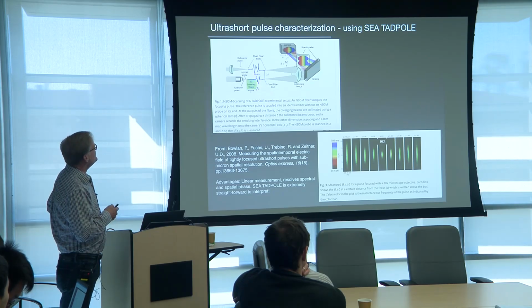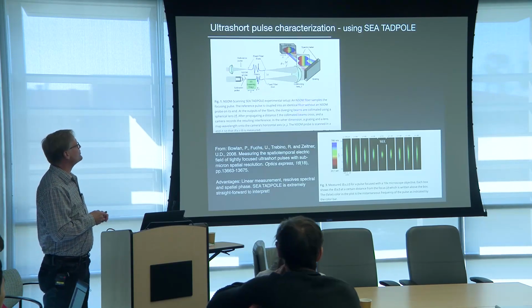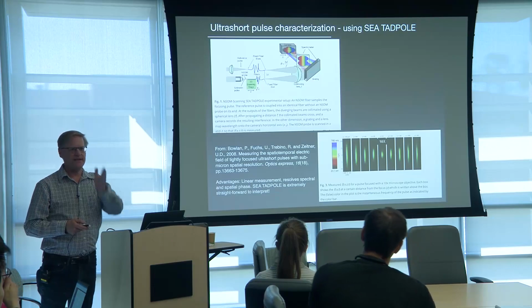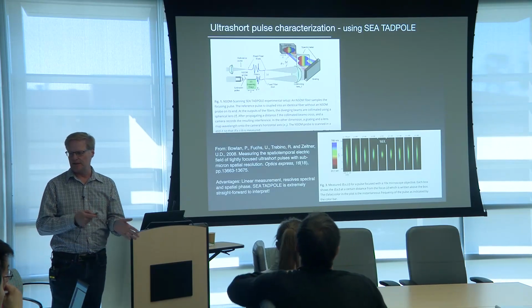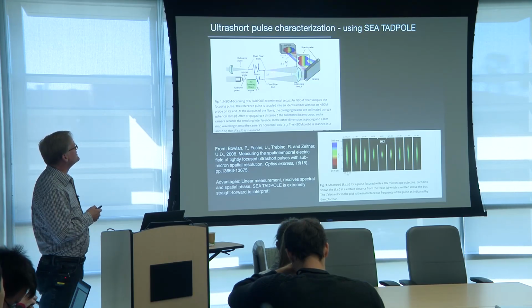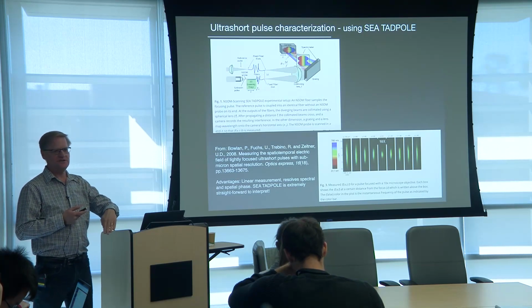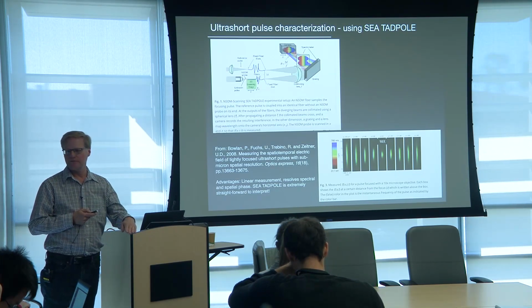What he did is now these pulses are all timed up relative to one another. So he's gotten rid of the vertical spacing that is a result of the time delay of the two pulses. And he did something really clever: he's got them coming in at slightly different angles. So now he ends up with these horizontal fringes coming through the system.